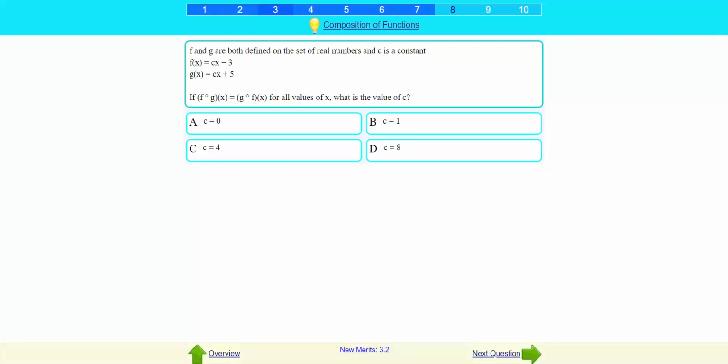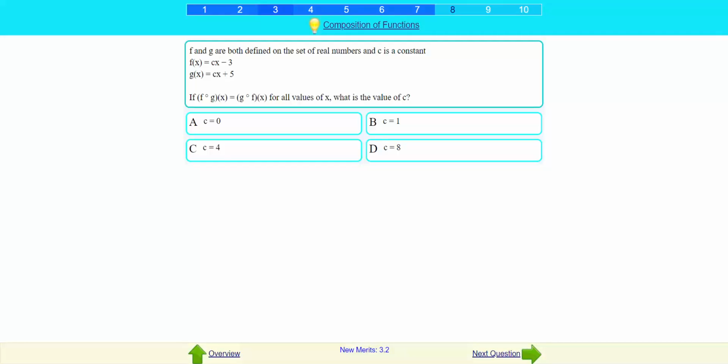So g of x applied to f of x, so that's cx plus 5. g is cx plus 5. Now we're saying that it's the set of real numbers, so we could use any number. And to simplify things, we're just going to use 1 in the final implementation.